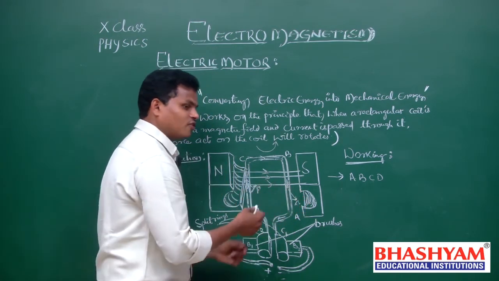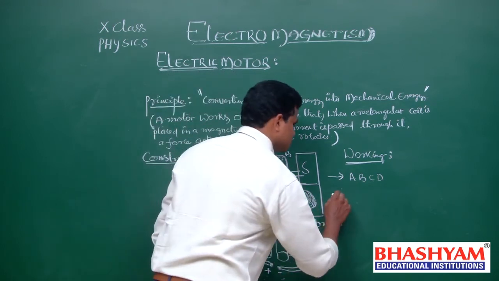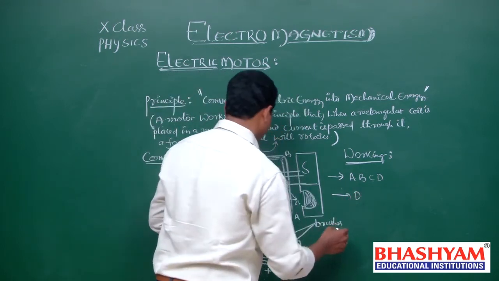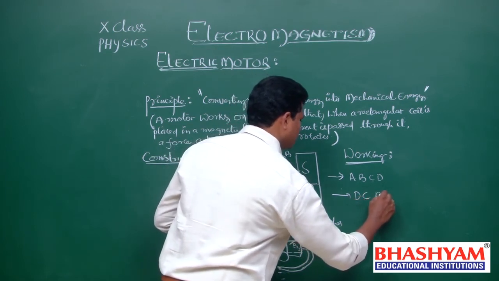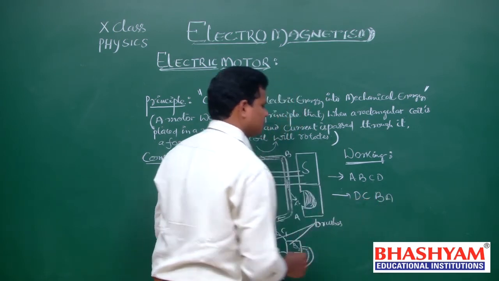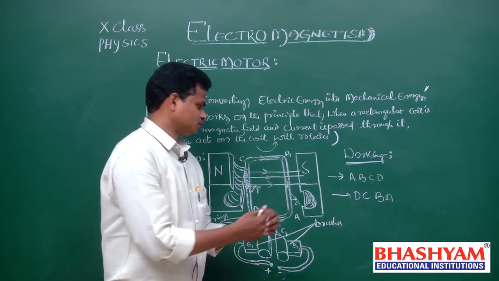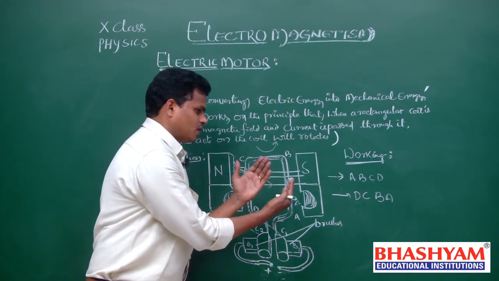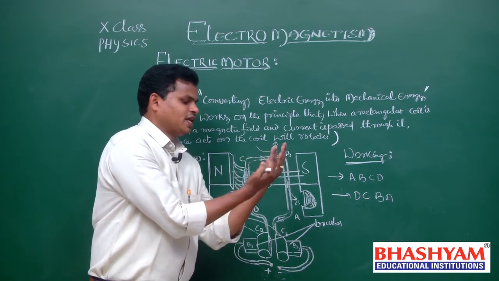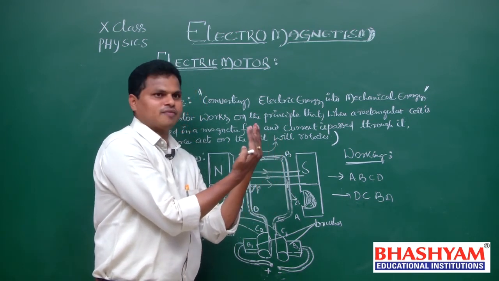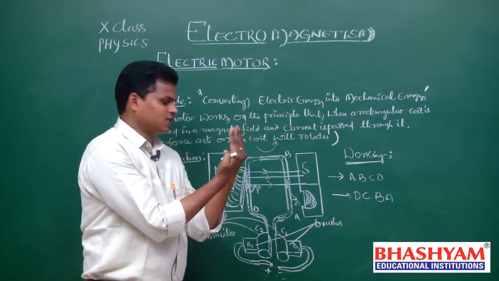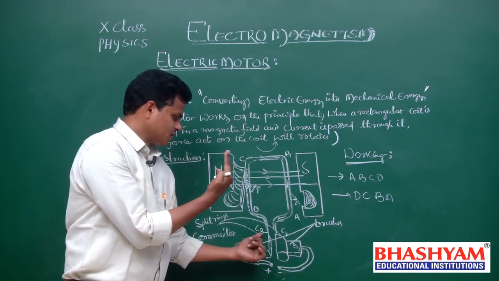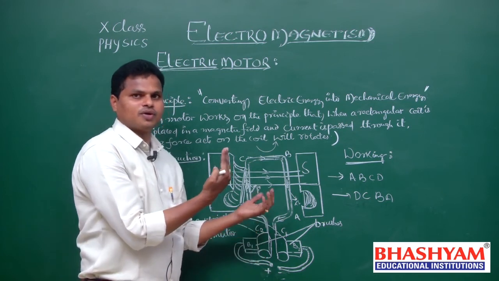So the direction of current after rotation is D to C and C to B, B to A. After three-quarter rotation, again the coil has no contact between C1, C2 and B1, B2.